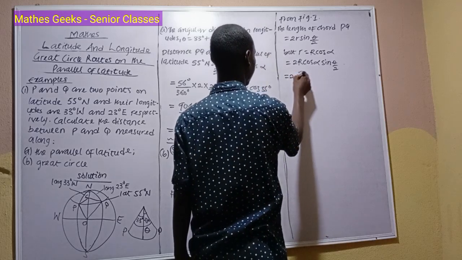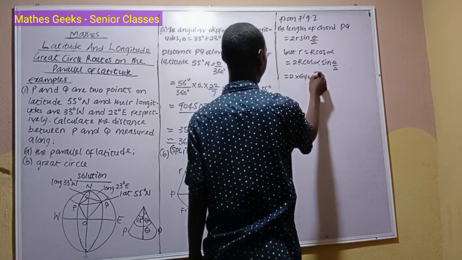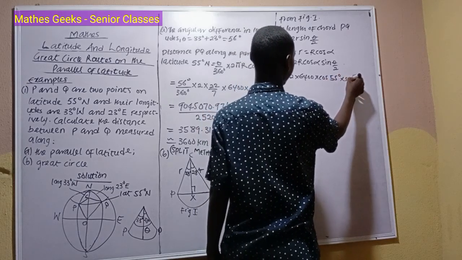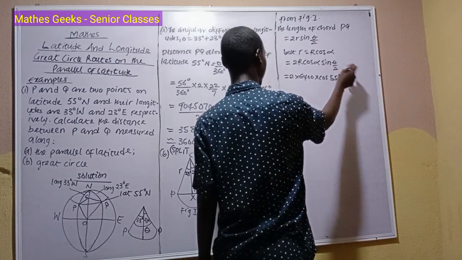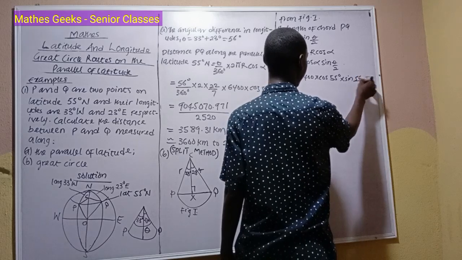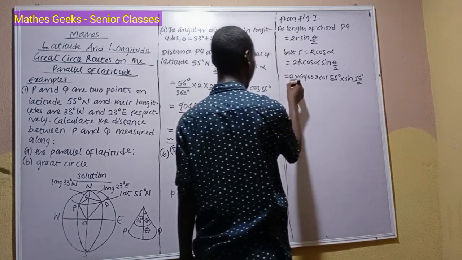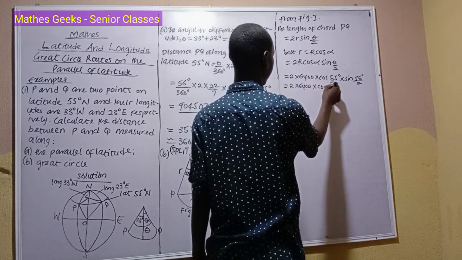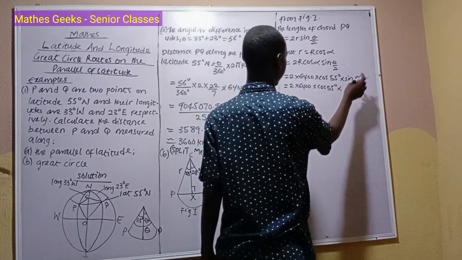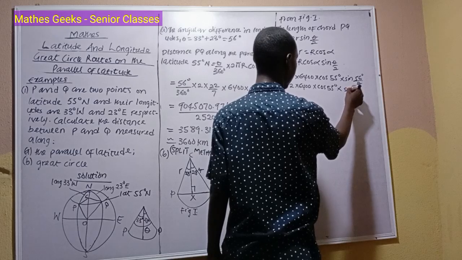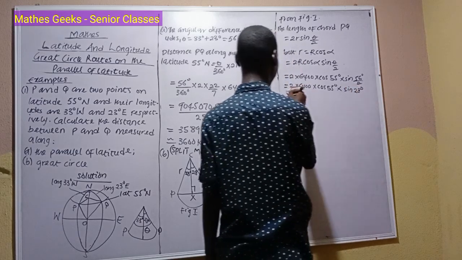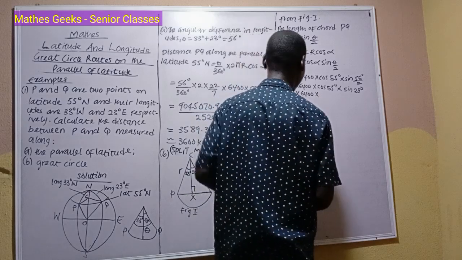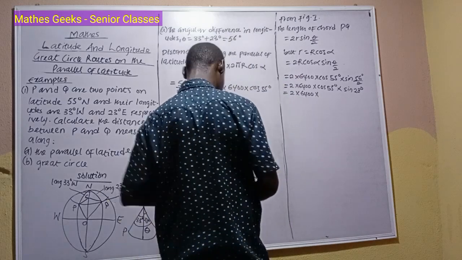So 2 times 6,400 times cos 55 degrees times sine 56 degrees divided by 2, which will give us sine 28 degrees. So 2 times 6,400 times, let's get the value of cos 55.